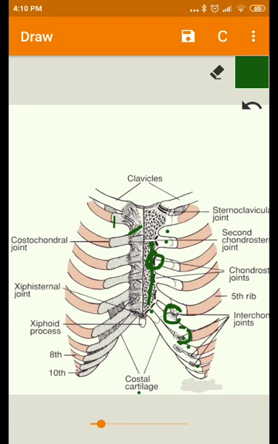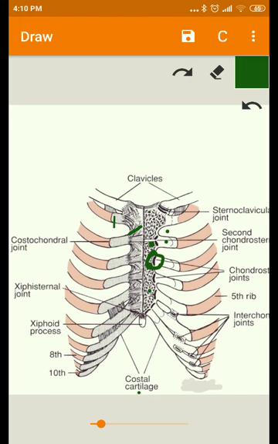So you can see these interchondral joints here, and on this side you can see the transverse longitudinal section. Okay, these are the interchondral joints, formed by the costal cartilages articulating with one another by synovial joints.